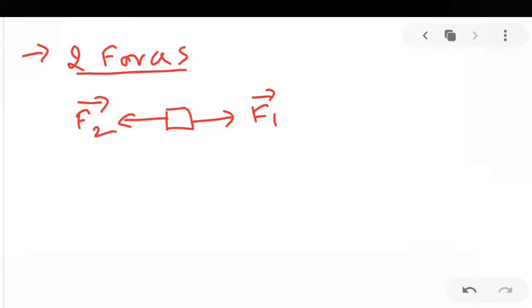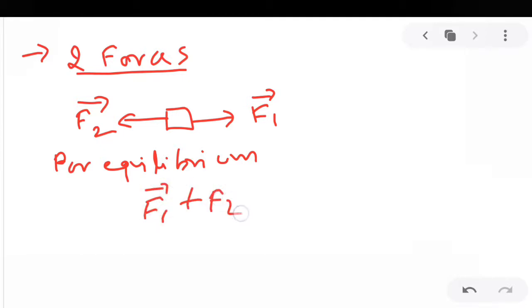Now for this object to be in equilibrium, we have seen that the net force should be 0. So F1 plus F2 should be equal to 0. This implies F1 is equal to minus F2. That means the two forces must be equal and opposite.